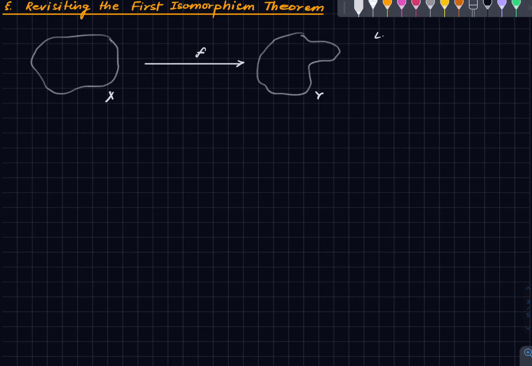So let this be an equivalence relation, not just some relation, on X such that this guy is finer than the fiber relation.